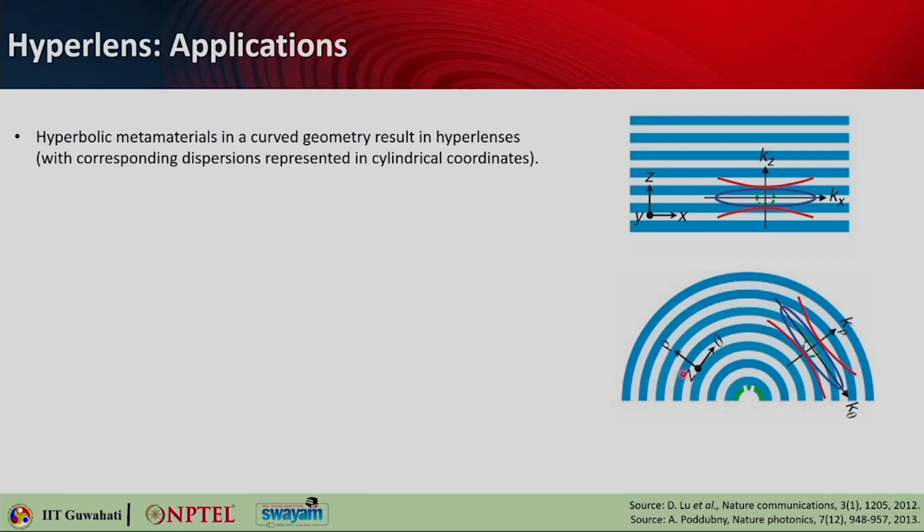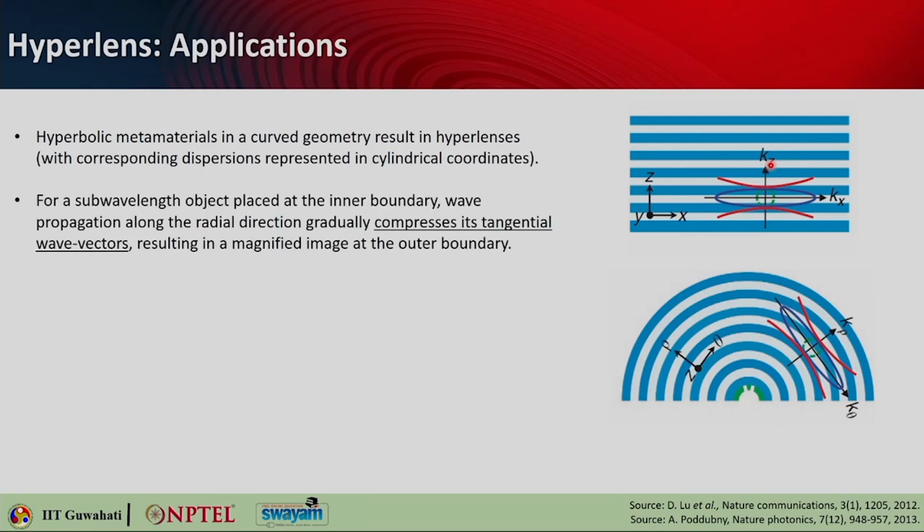Here you can see we are using the cylindrical coordinate system, rho, theta, z. This is planar, so you are simply having a Cartesian coordinate system, but when you bend it into a cylindrical shape, you use this coordinate system. Similarly, you can write k rho and k theta. Here you are just talking about kz and kx.